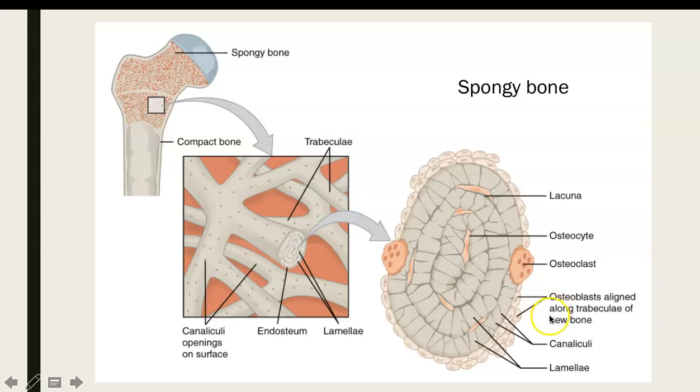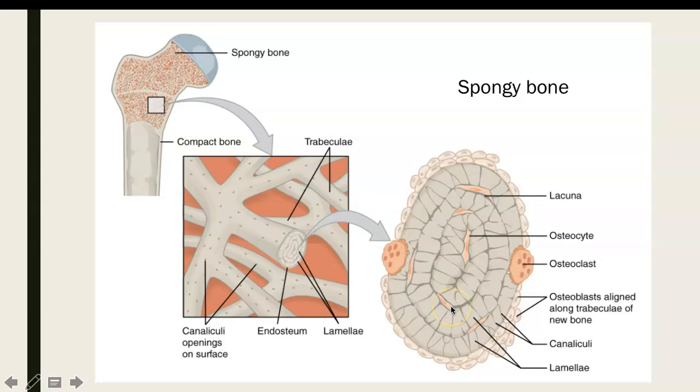So you find both of them. You might also find osteogenic cells in these areas. One last thing to notice is the canaliculi. They exist here too, also connecting one lacuna to the next lacuna, and ultimately to a blood supply.